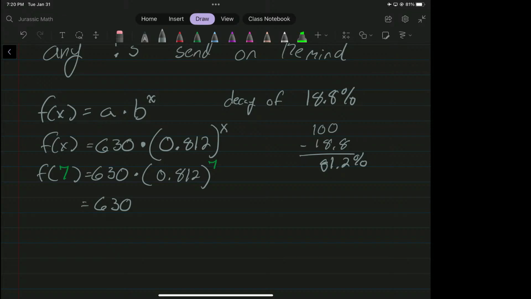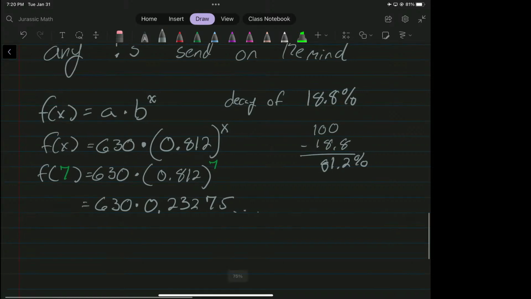And then I'm going to click on the little caret button, or on my Windows computer, it says x to the y power, x to the y, 7. And I'm going to get a really, really long decimal. I'm just going to leave that decimal in the calculator and then multiply by 630.